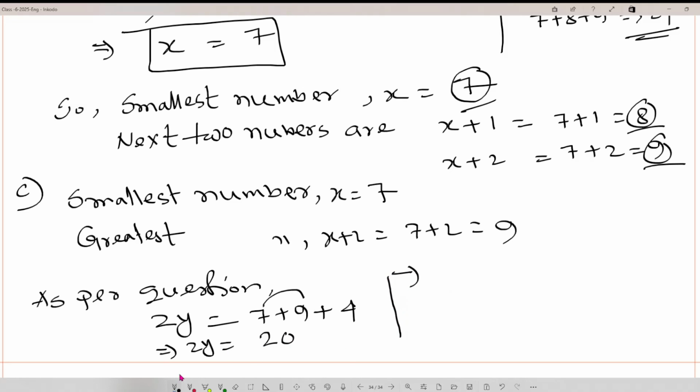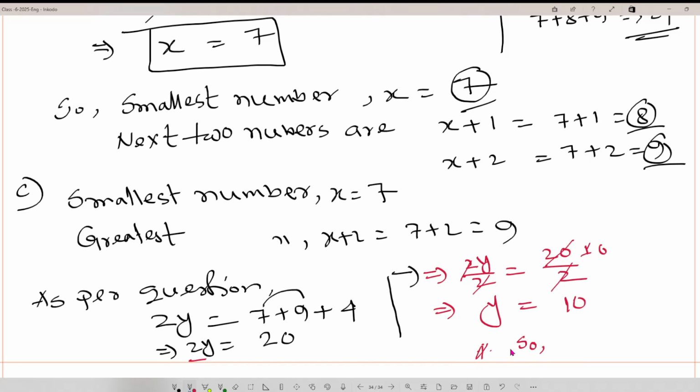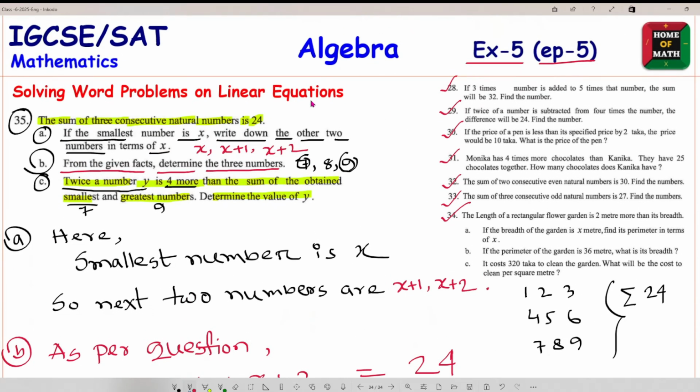Now we can divide both sides by what? 2. So 2y divided by 2 equals to 20 divided by 2. So 2 and 2 we can out. So y equals to 10. 20 divided by 2 is 10. So our answer is 10. Okay, this is very simple. So y equals to 10, and this is our answer.